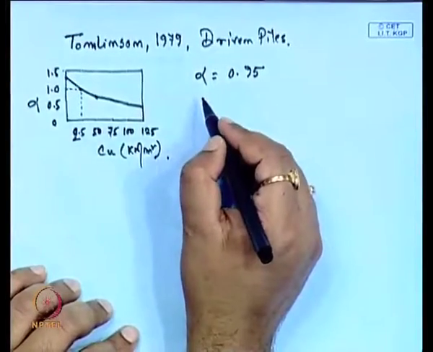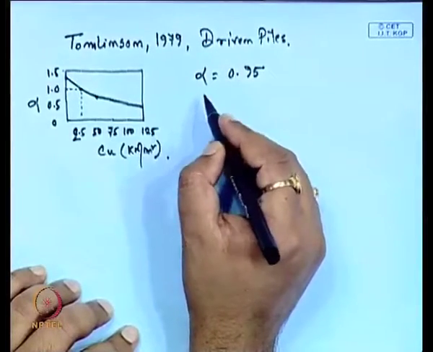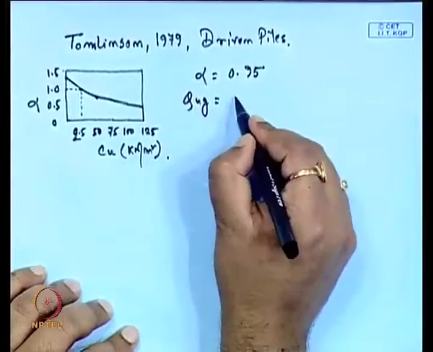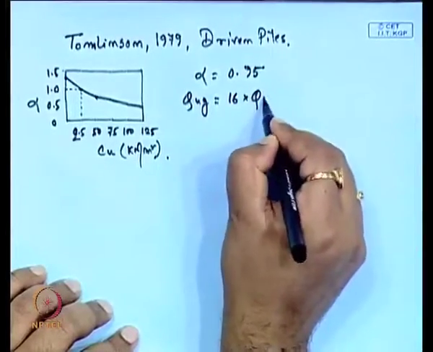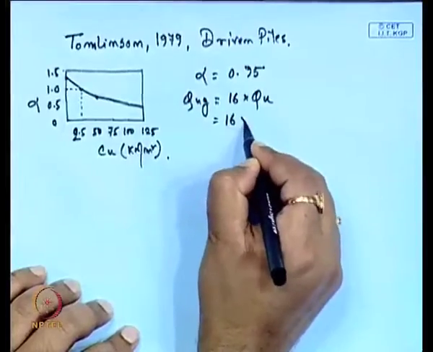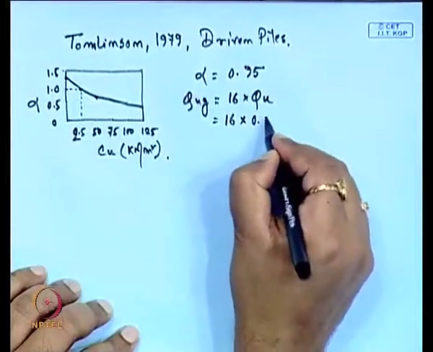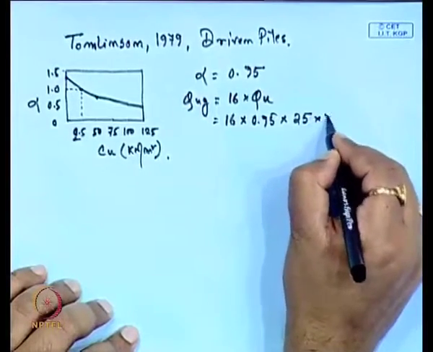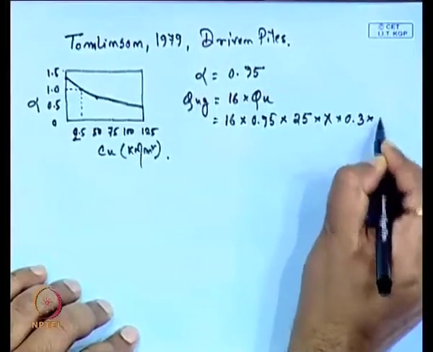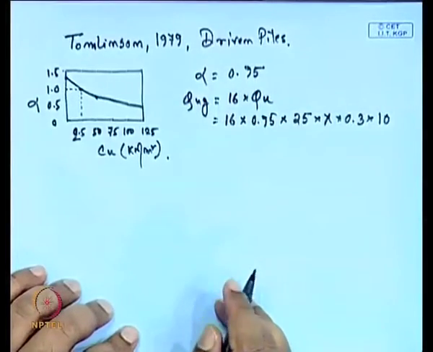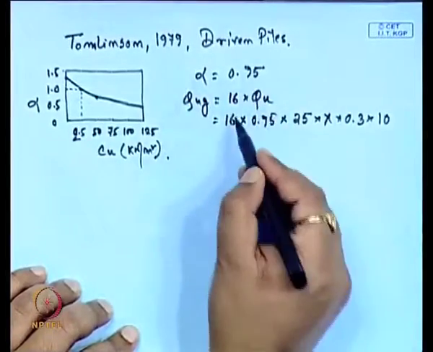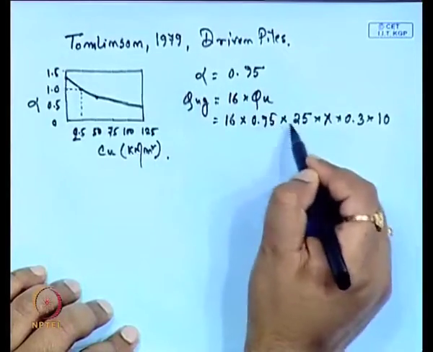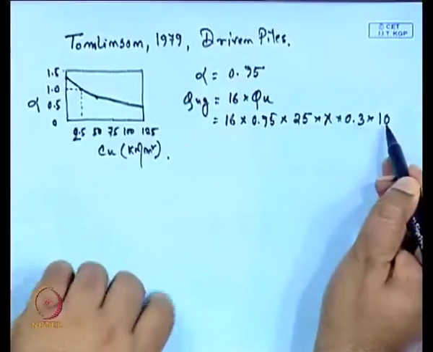So, we can calculate the value of QUG in terms of 16 into Qu, that is 16 into alpha, 0.95, into 25, which is Cu, into pi into 0.3 into 10.